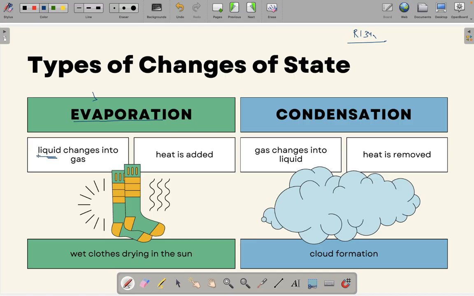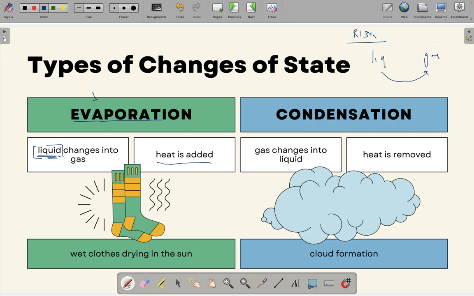So not only water, but liquids can evaporate. Evaporation is applicable to all liquids. Evaporation is the process wherein liquids change into gas, and to evaporate you have to provide heat, right? When you are converting liquid to gas, you should add heat.